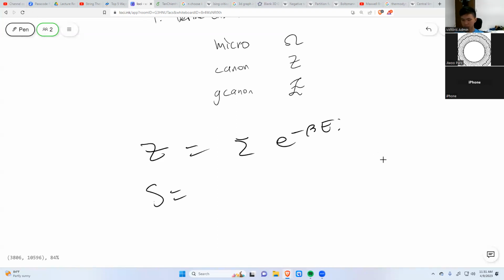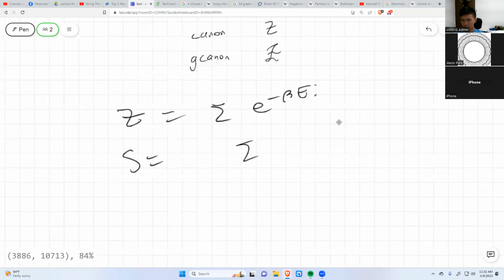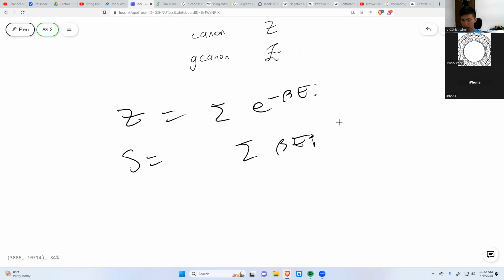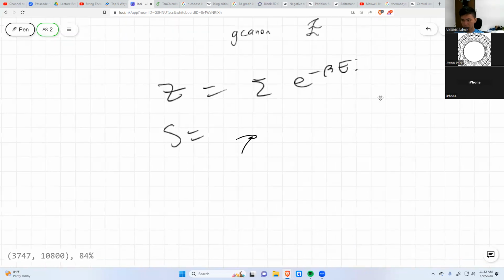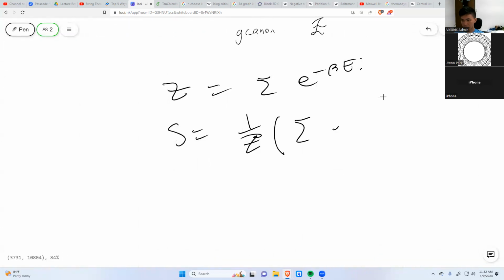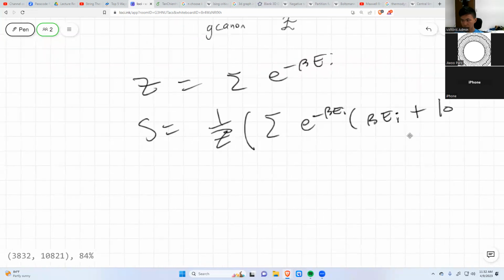We define S as the usual Gibbs entropy, so this is going to be a sum over p_i. It's going to be 1 over Z times the sum over e to the minus beta E_i, times the quantity you're going to have to calculate, beta E_i plus log Z.